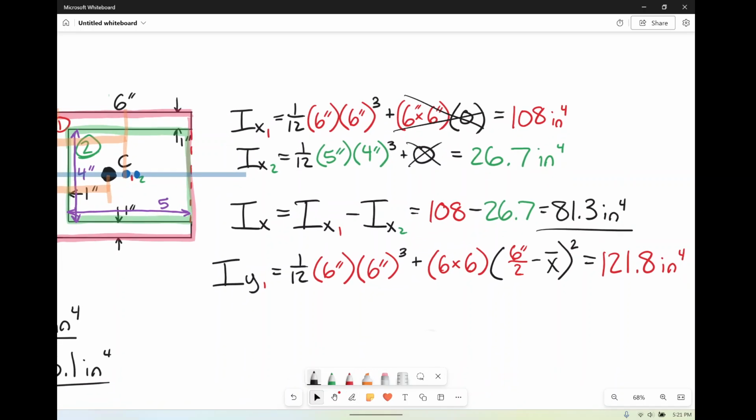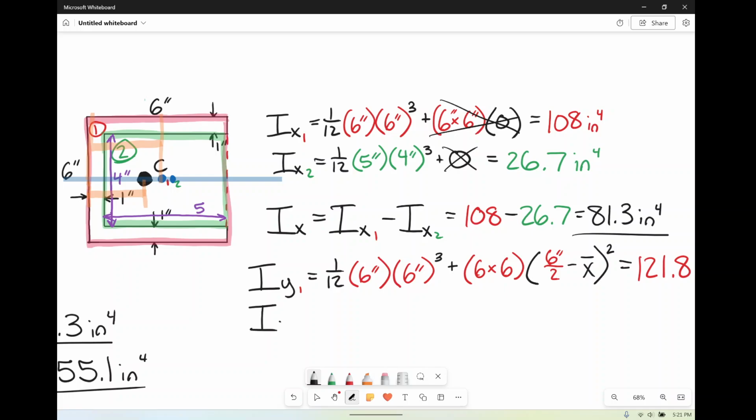That's okay. Let's do Iy for shape number 2. So for number 2, again, it's going to be 1/12, the height, which is 4, times the base, which is 5, cubed, plus area, base times height, times, again, the distance for x. So again, different color here, trying to show this off.